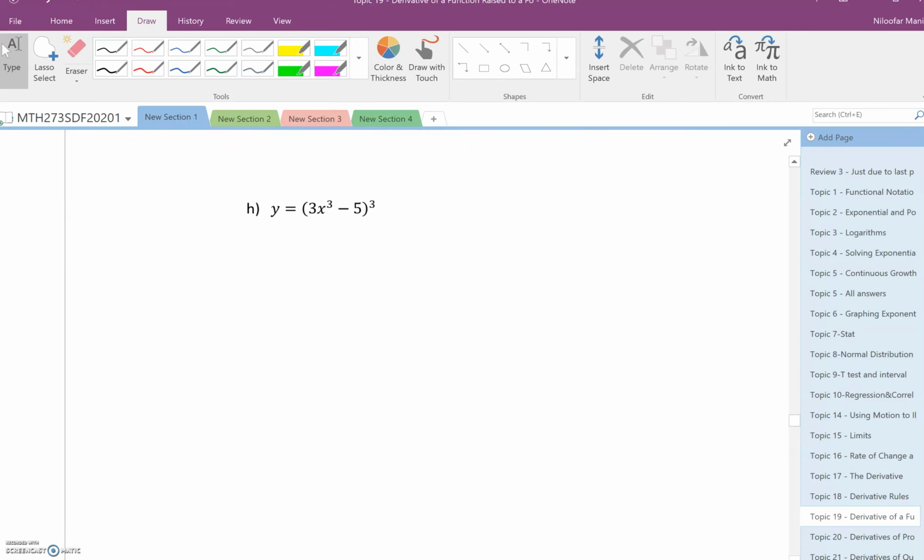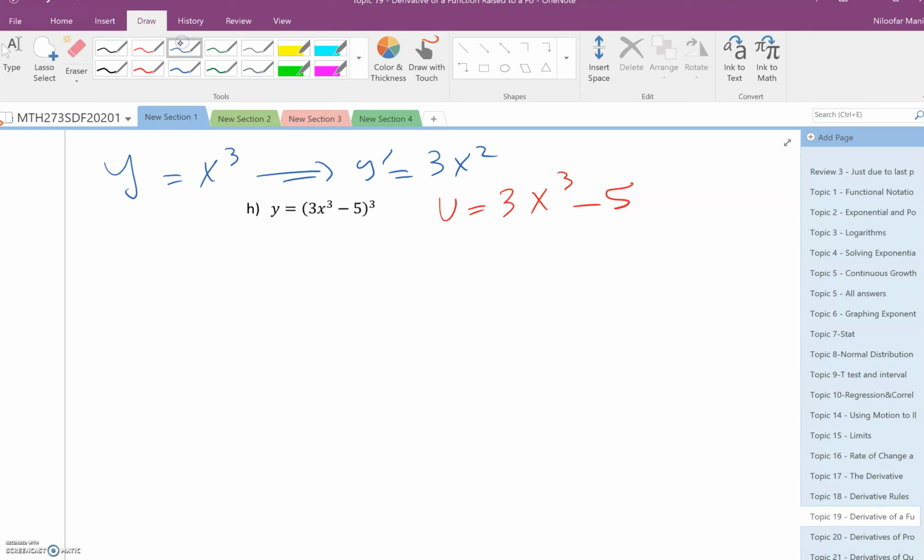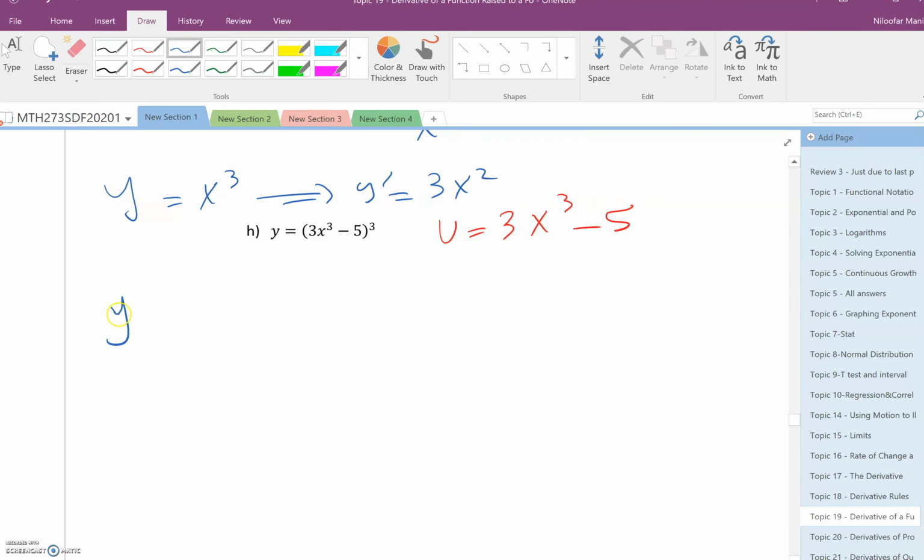Okay, so now I go here. If I have y equal x to the power 3, y prime is 3x squared. Okay, but I don't have that. I have u here. What is u? Something else. It's not x, it's something else. It's another function of x. So here y is this, so y prime is 3.